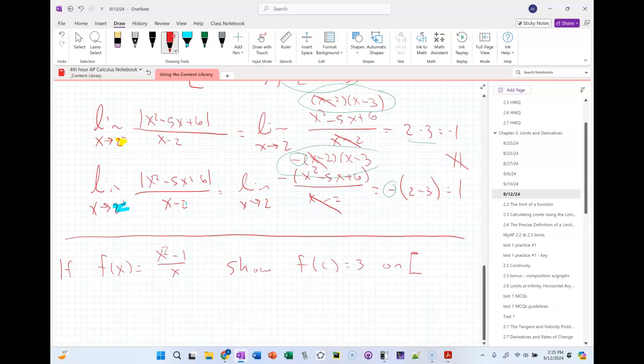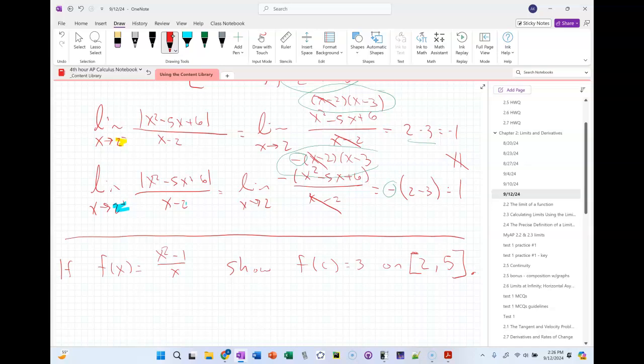Yeah, that should be fine. Okay, so let's say this. If f of x is x squared minus 1 over x, show that we have f of c equal to 3 on the interval from 2 to 5.